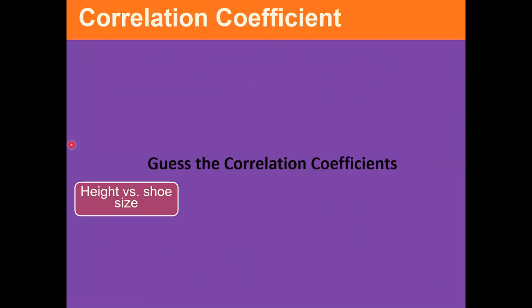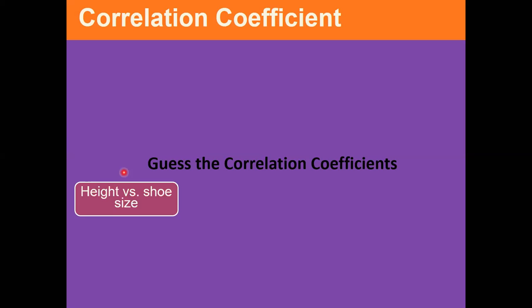Now, when it comes to these, let me get my pointer here. Let's just try some examples here, guessing the correlation coefficients. So would you guess positive correlation, negative correlation, or no correlation? How about height versus shoe size?